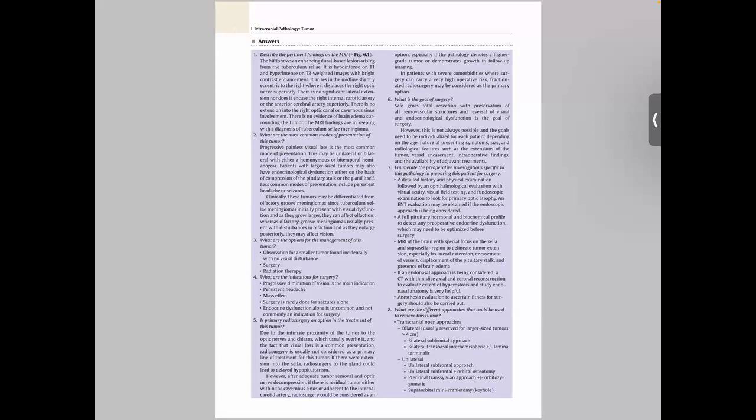And it's non-compliant. So what happens is that if there's pressure on the ipsilateral optic nerve, the site where the tumor is, it displaces CSF towards the contralateral side.